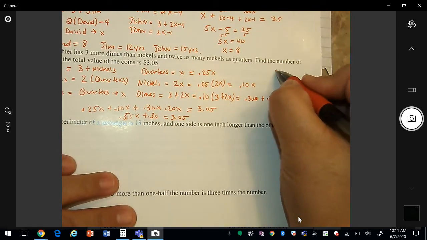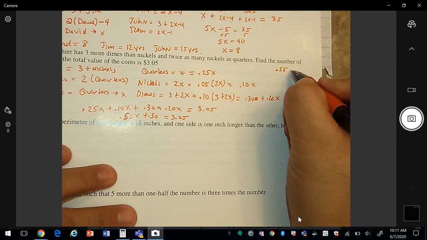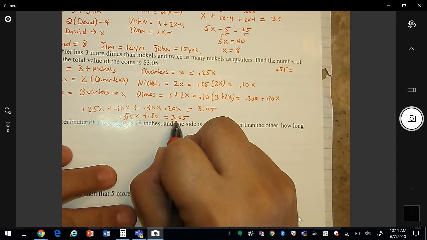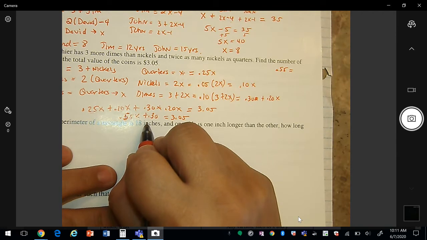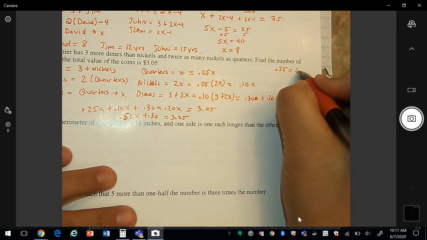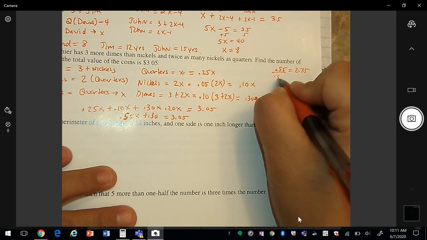And so let me just write it over here. We're going to subtract the 0.30. So 3.05 minus 0.30 would be 2.75. 2.75 divided by 0.55.